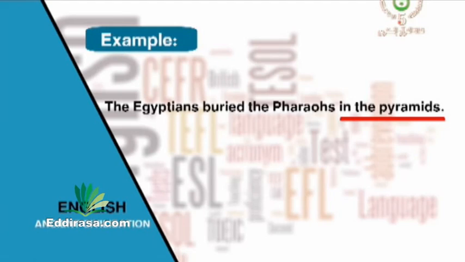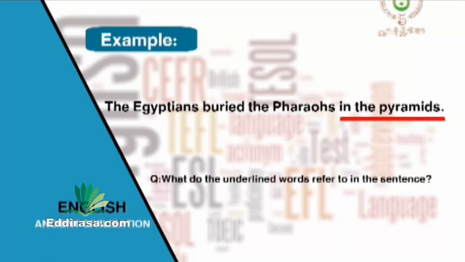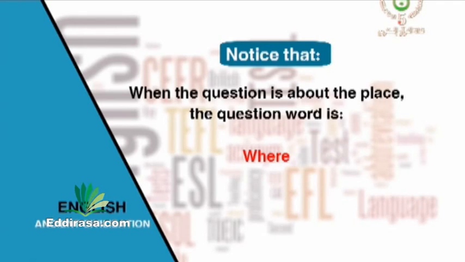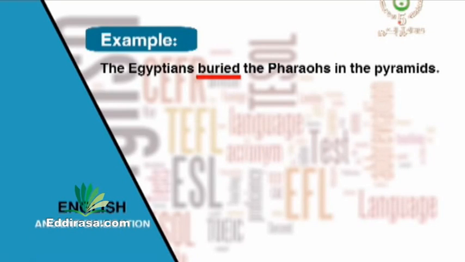Consider the following example. The Egyptians buried the pharaohs in the pyramids. What do the underlined words refer to in the sentence? Good, they refer to the place. So the question word is about the place, right? So when the question is about the place, the question word is where. Good. Now focus on the verb.